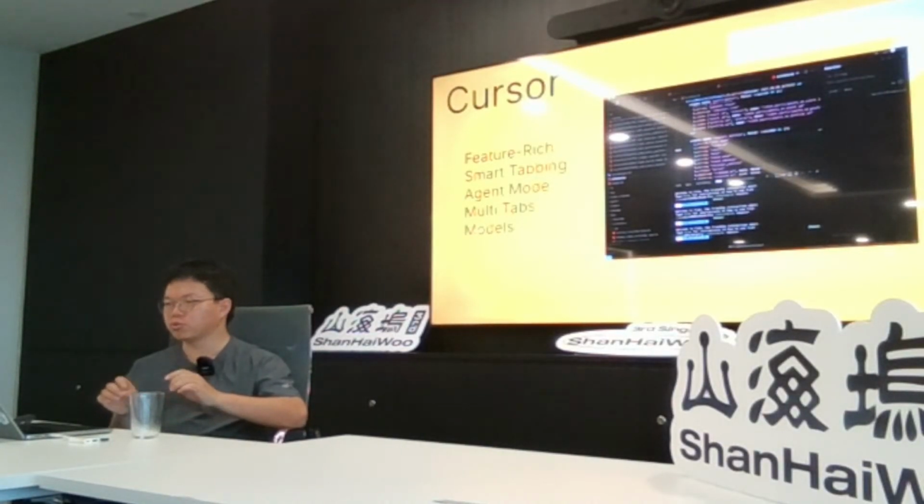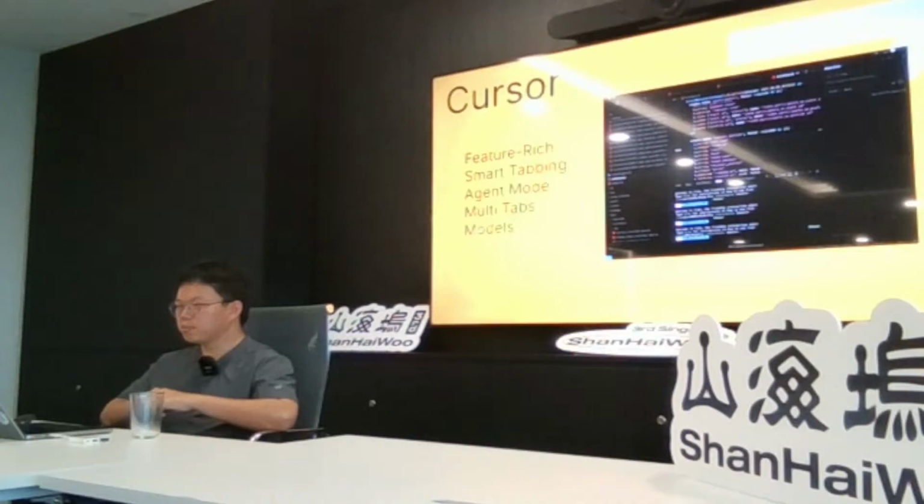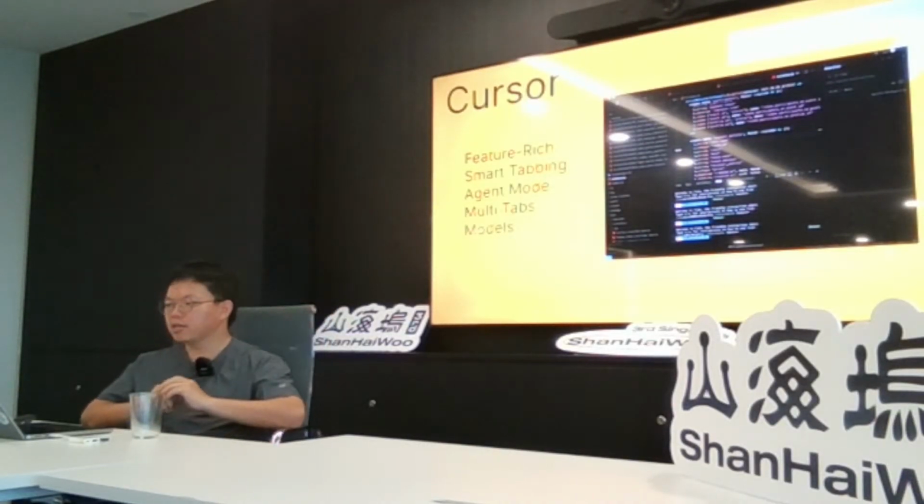You can just code as you normally would, just by typing, and it has a very sophisticated code completion for you. But that's only a small fraction of the power.